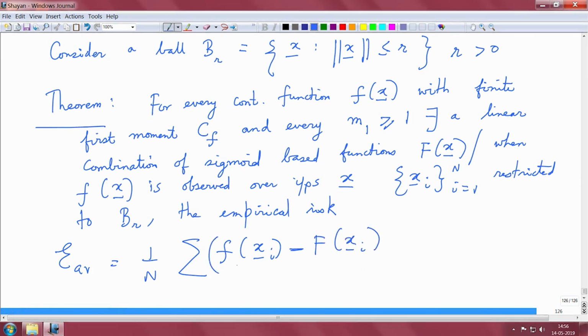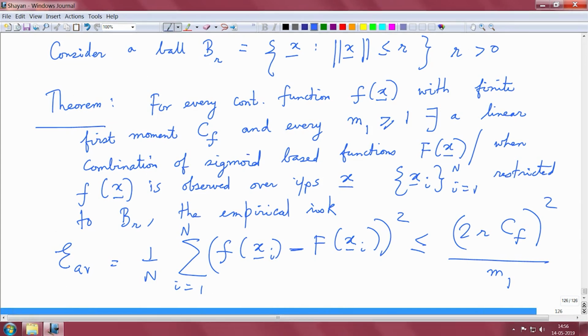This squared error is less than or equal to this quantity, 2rC_f the whole squared upon m1. This is a very important result: this empirical risk is bounded by this quantity.